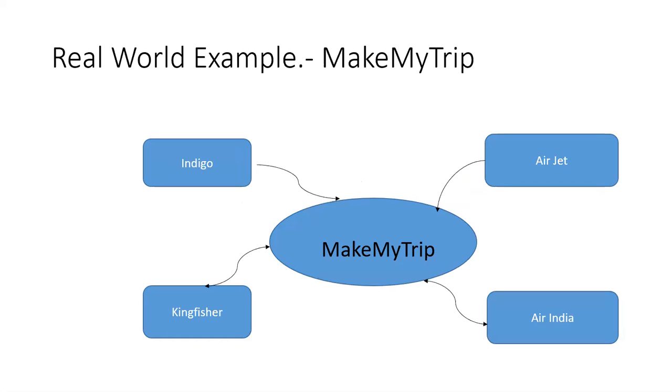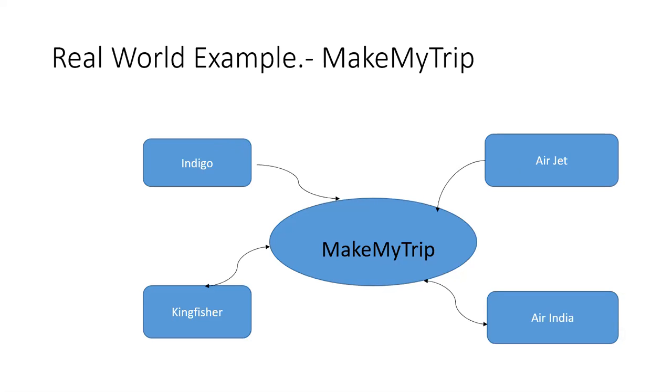At that time, we get data from different websites, for example from the Indigo website and the Airjet website. Those websites are the servers from which we get that data on our web page. So we book our flight as per our convenience and time. Here the web service role is to get all the data from different services.